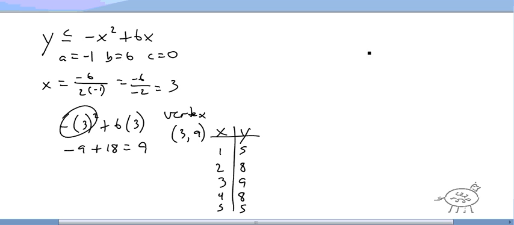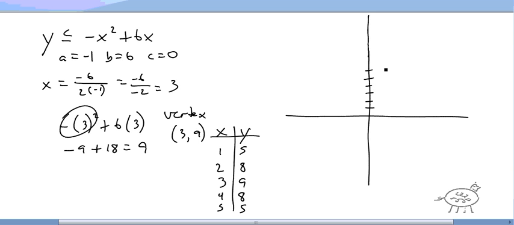Alright, so we make a graph. We get to make a little more room up here because we're going up a little bit higher. We're going up to 9, 2, 3, 4, 5, 6, 7, 8, 9. So it's 1, 2, 3, 4, 5. It's 1, 5, 2, 3, 4, 5. 2, 8.